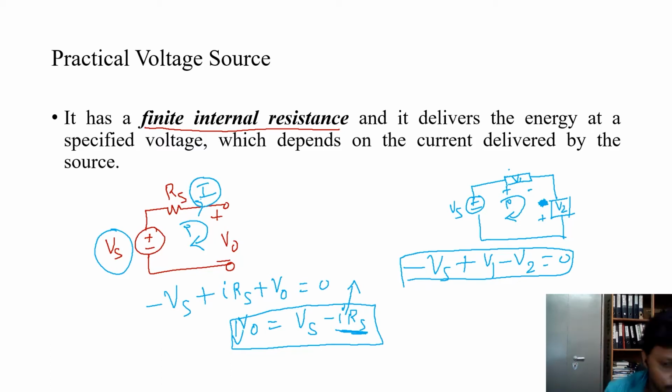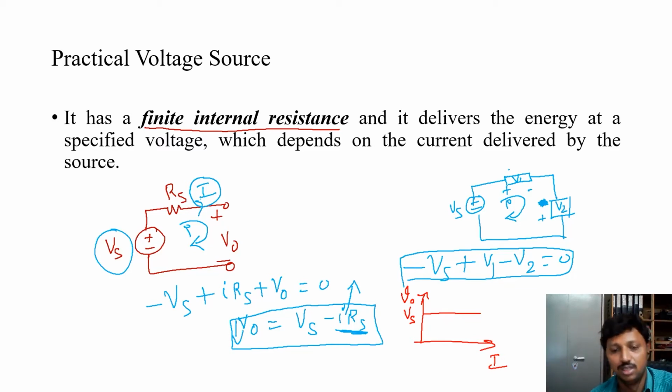And see the graph here. This is the graph we drew before like this. This is I, and this one is V0. This one is the source voltage Vs. Now if I increases, this voltage will drop.